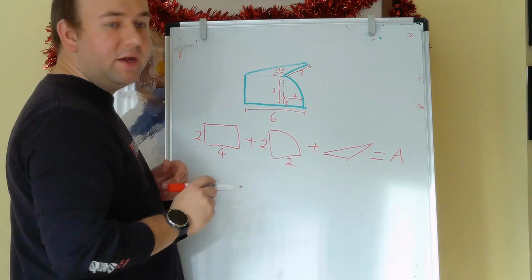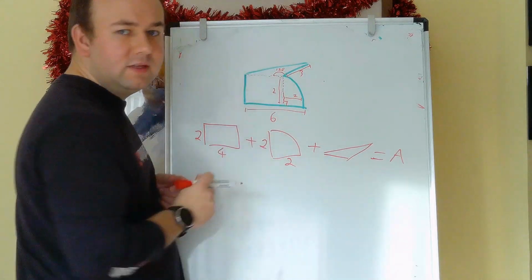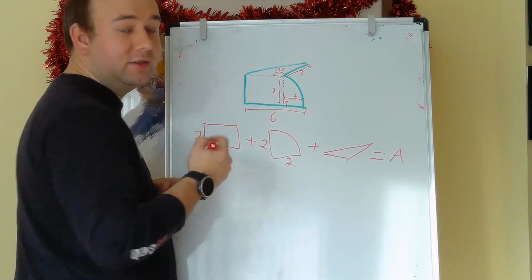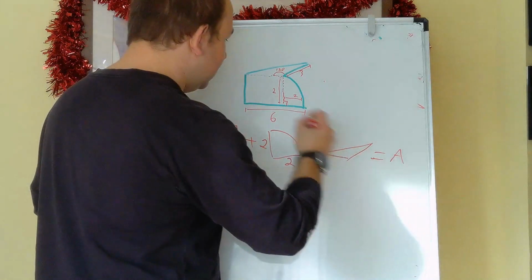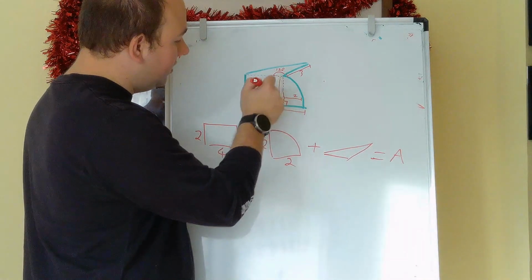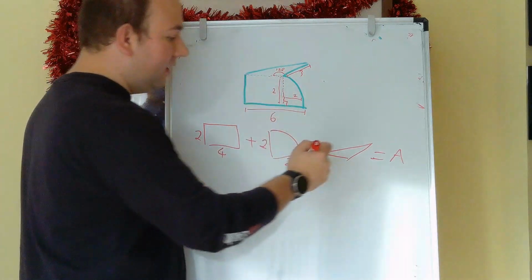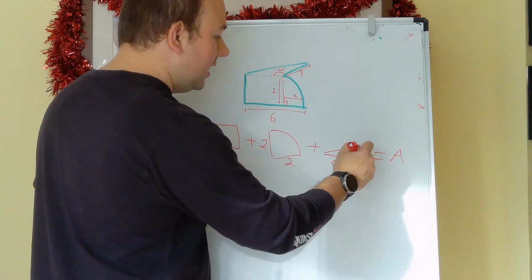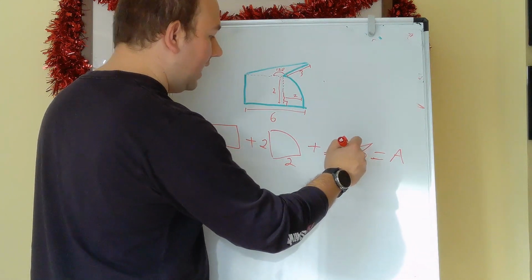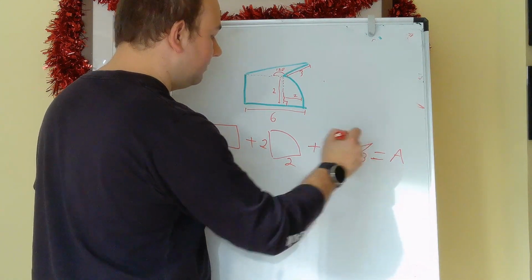The only information I know about this triangle, other than seeing that it's a scalene triangle, is that I don't know the height of it, but I can see that the full length minus the quarter circle is going to be the base, so it's going to be 4. This here is 3, and this is 120 degrees.